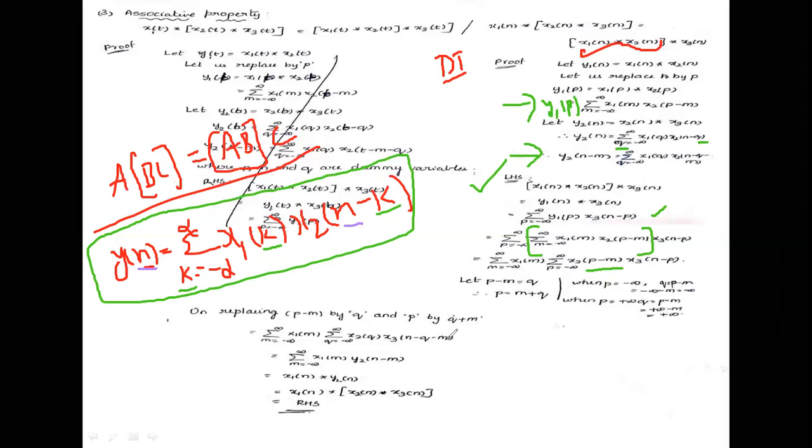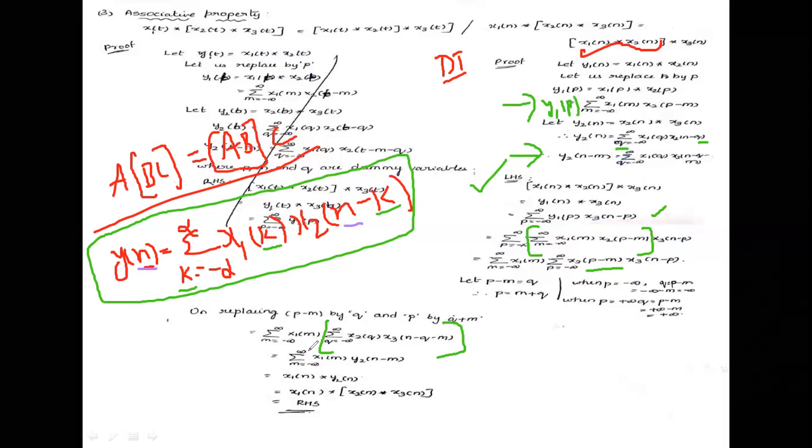That is equal to the sum over m from minus infinity to infinity, and now you can see this one, the sum over q from minus infinity to infinity of x2 of q, x3 of n minus q. The two signals we have, that is y2 of n minus m. Substitute here, y2 of n minus m.